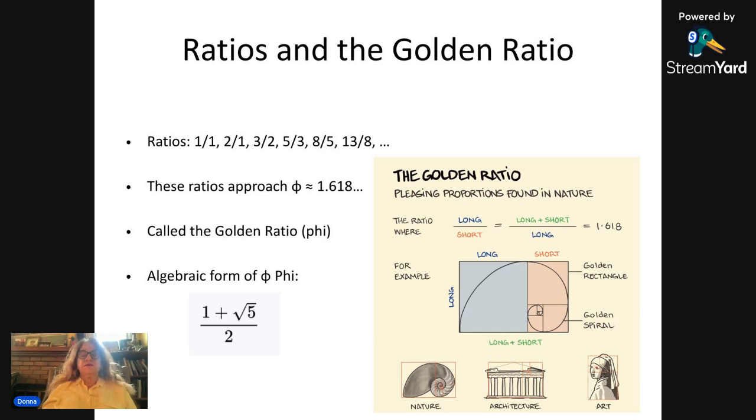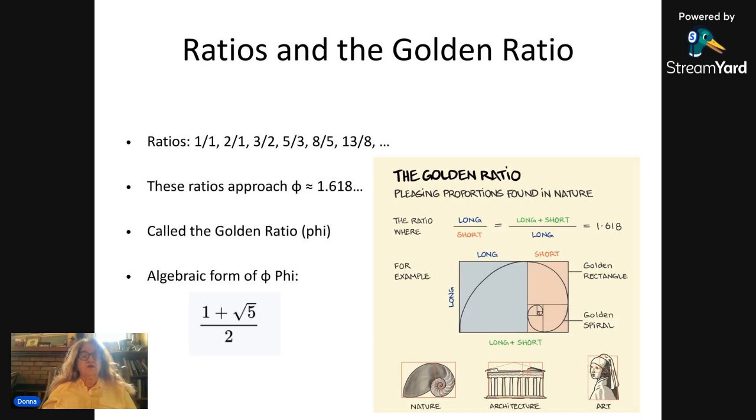The concept of phi is really important in the Fibonacci sequence as well. When you compare the numbers of the Fibonacci sequence and you take the greater number and create a ratio with the number before it, you create ratios, and as you go on and on with the sequence, they tend to go closer and closer to the ratio of phi, which is 1.618.